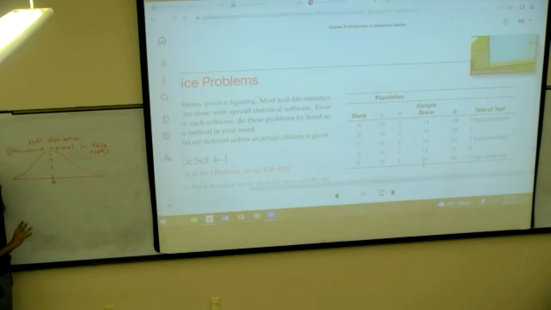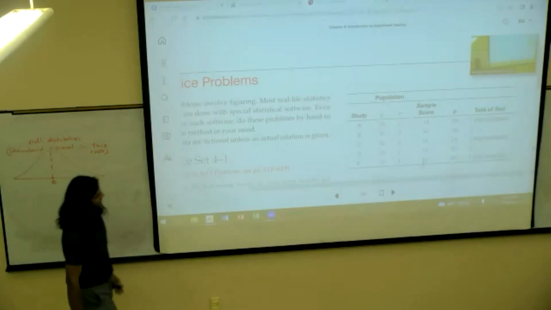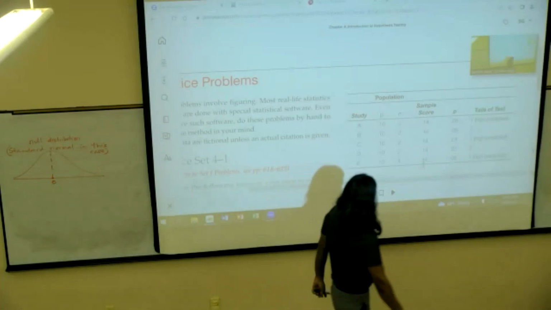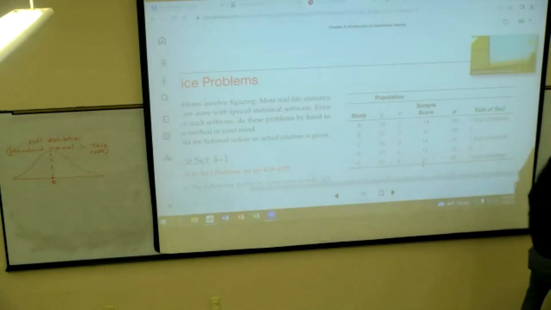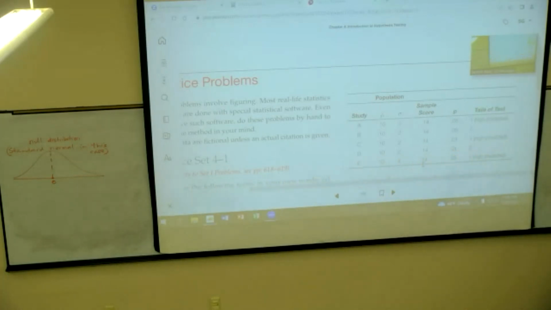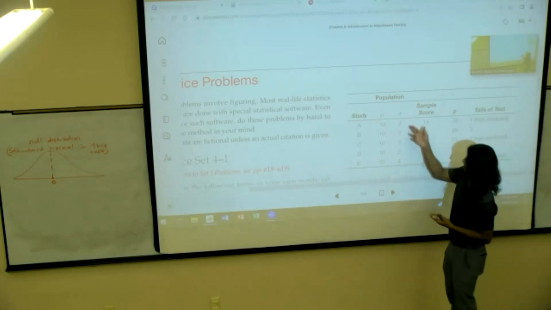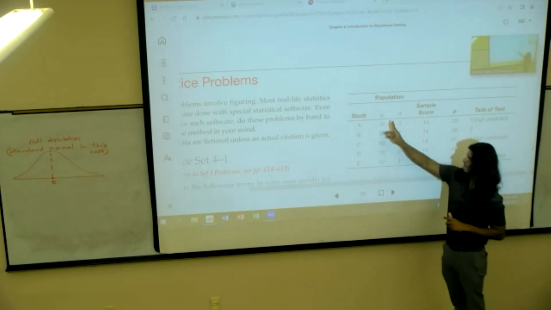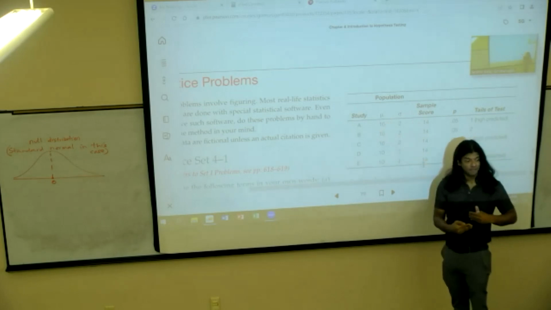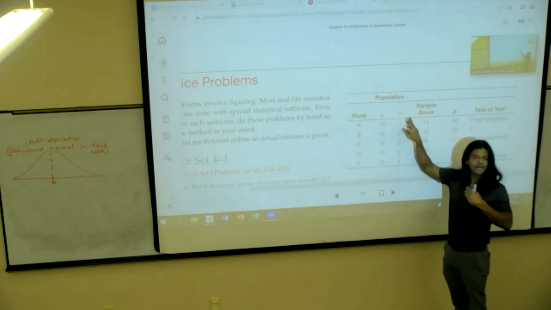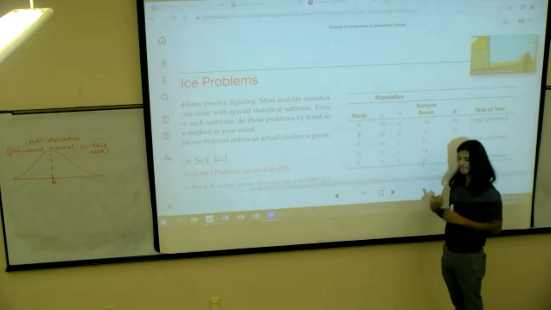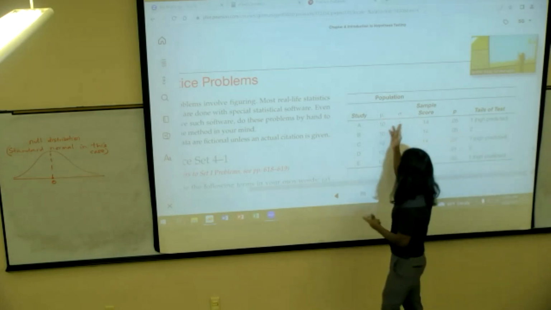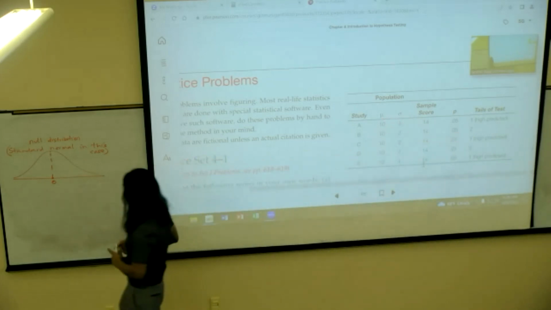We don't need that in this problem. They want us to use a mean of 10 and a standard deviation of 2 and 4. Now, formally, when you get these values from a sample, it's X bar and S. But since they are giving us values, we have mu and sigma.